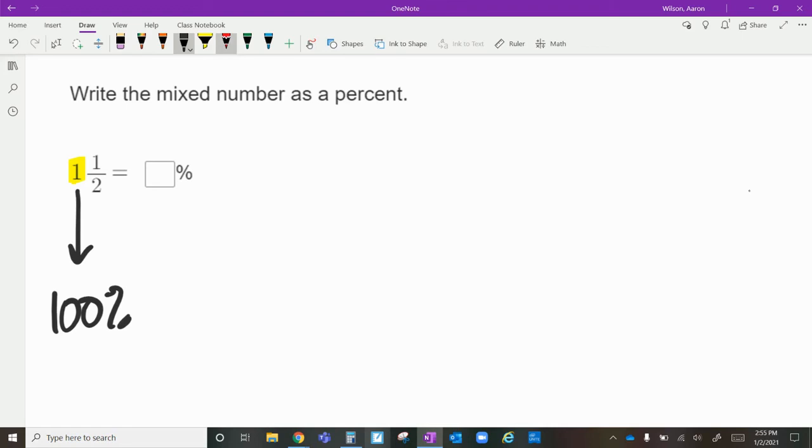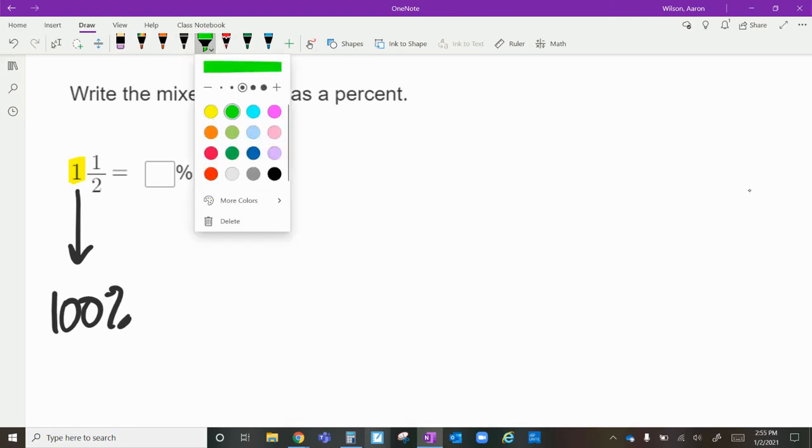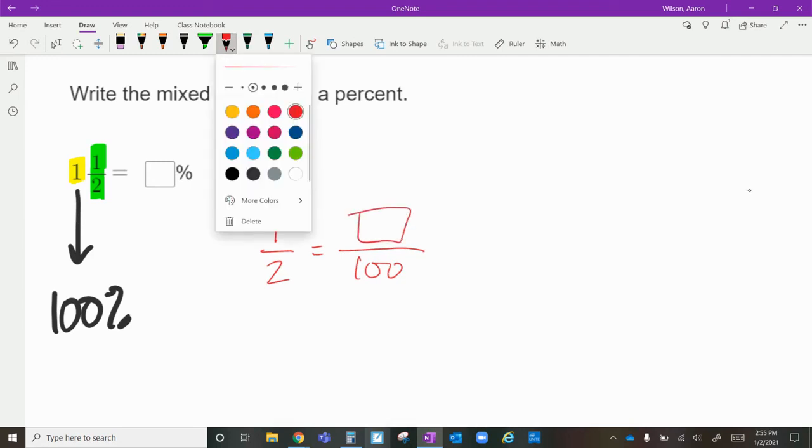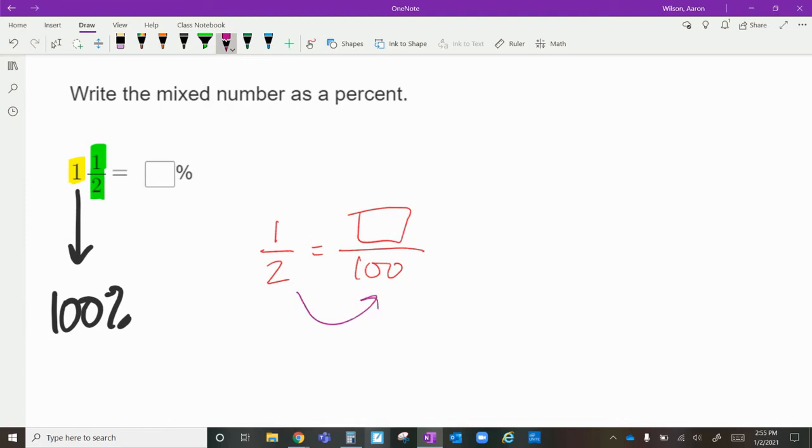Now the next part, which is the half, because it's 1 and a half. Well, what's 1/2 as a percentage? Keep in mind, 1/2, which is a fraction, to turn it into a percentage, always has to have a 100 in the denominator. Well, how do you go from 2 to 100?